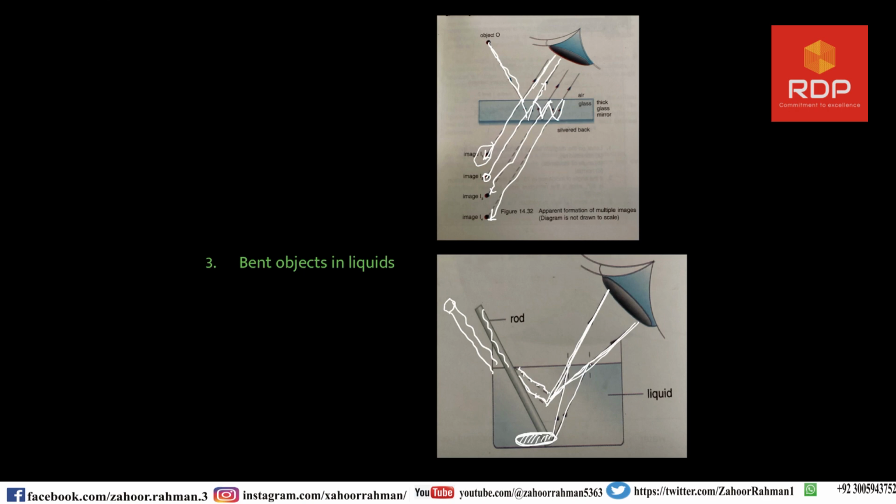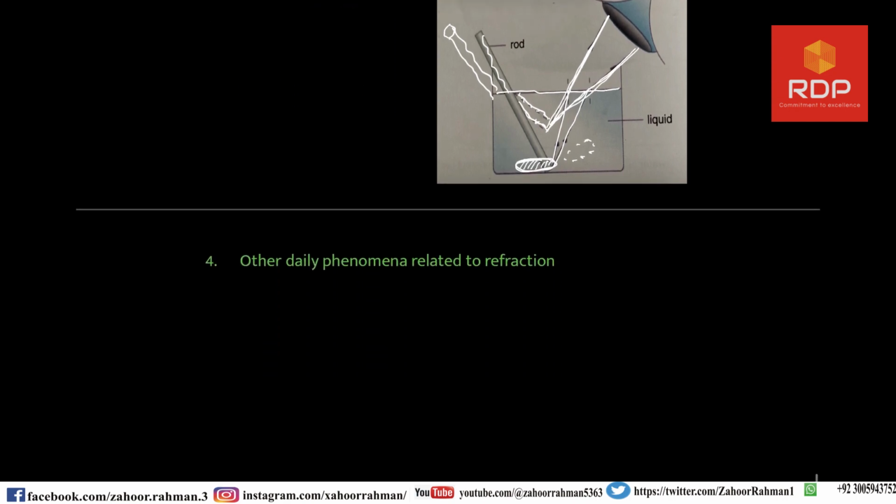Can you see it from this position? Pour water inside this, and then it will appear here to you, and then your eye will see it. So yes, this is another consequence of that refraction. There are other daily consequences of this.